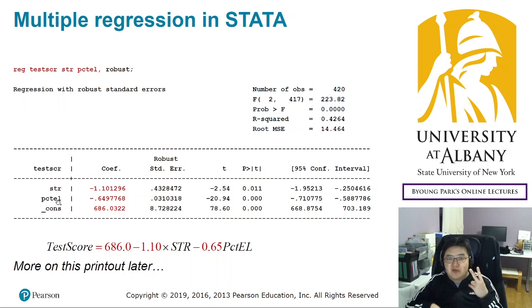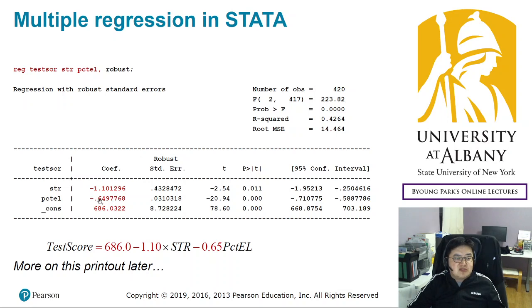And the root mean squared error, which is called the standard error of the regression in the textbook, is 14, which means this is the standard deviation of the error term. So 14 points of test score is the standard deviation from the error term.